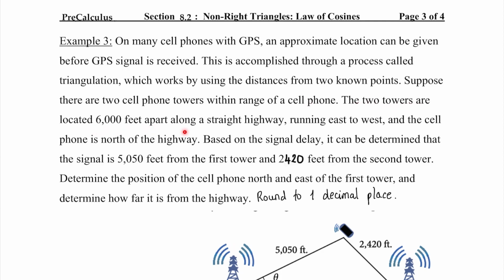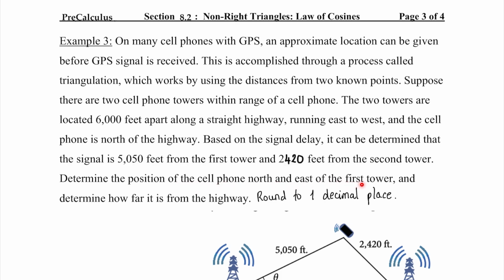The two towers are located 6,000 feet apart along a straight highway running east to west, and the cell phone is north of the highway. Based on the signal delay, it can be determined that the signal is 5,050 feet from the first tower and 2,420 feet from the second tower.